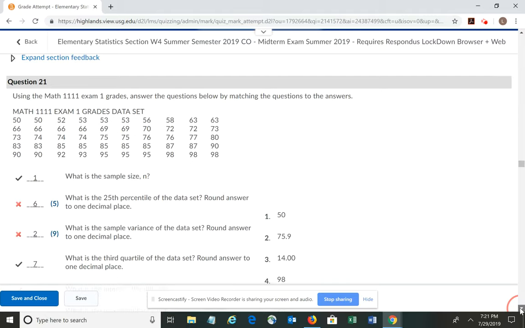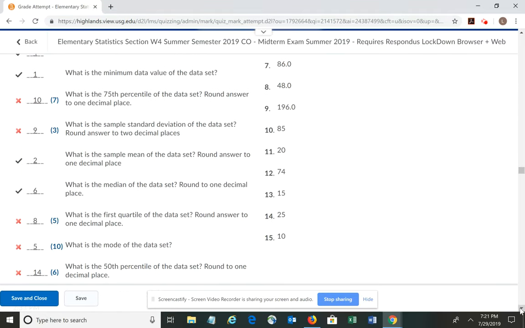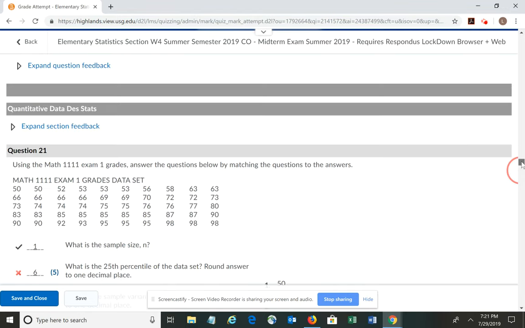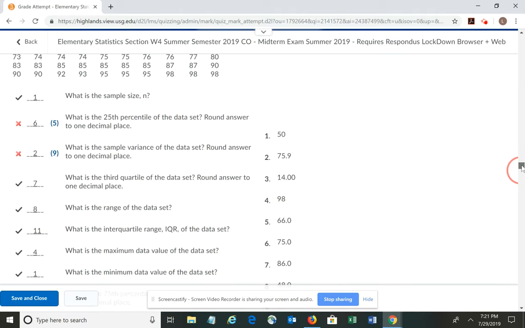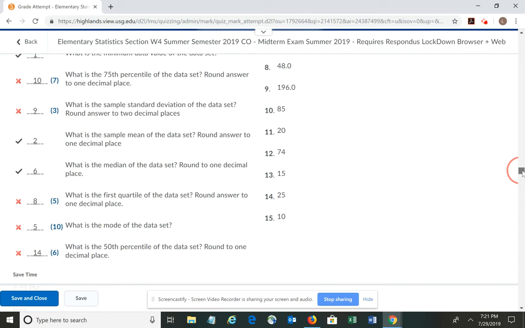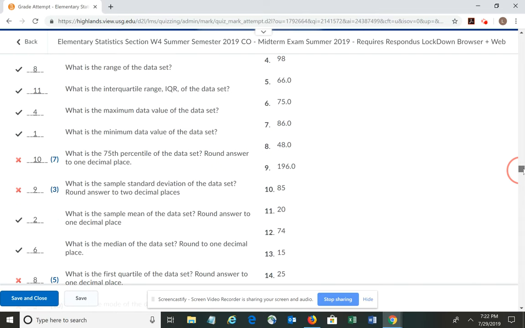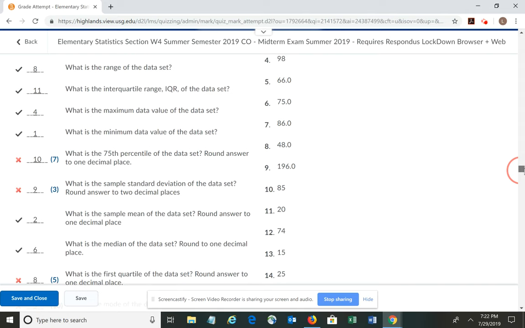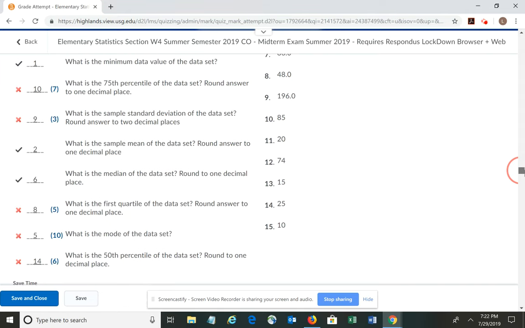Okay, so what do we get for the mode? The mode, they were listing as 85. Oh, wait, let me go back up here and check. 85. 1, 2, 3, 4, 5 times, so it was 85. Okay, so it should have been number 10. So he missed that one.